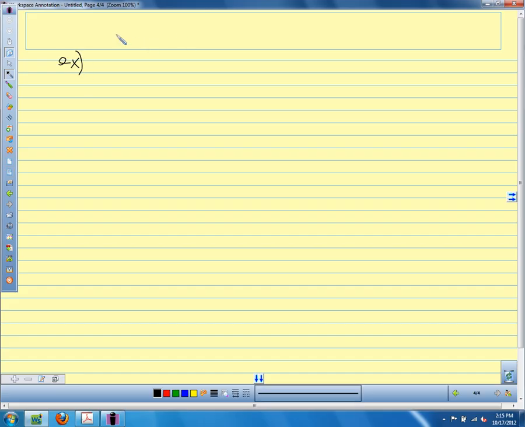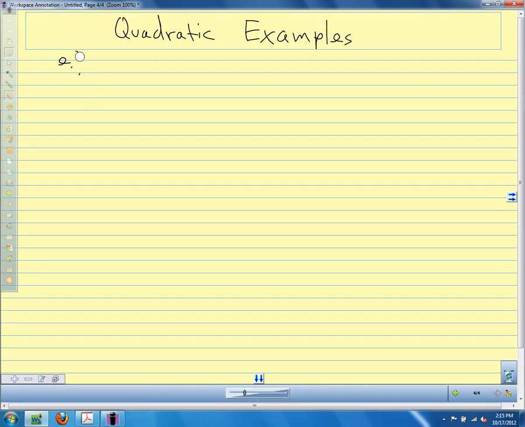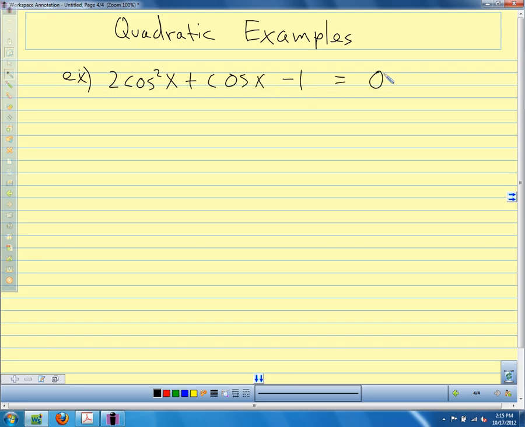These next examples are quadratic examples. So we're going to solve 2 cosine squared x plus cosine x minus 1 equals 0.